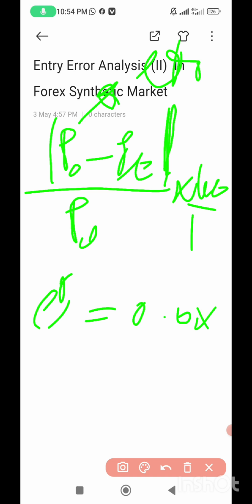But once your error is from 0.06 to 0.09, it is called medium error. With this type of error, your trading will just oscillate between profit and loss, and finally you will hit your take profit.